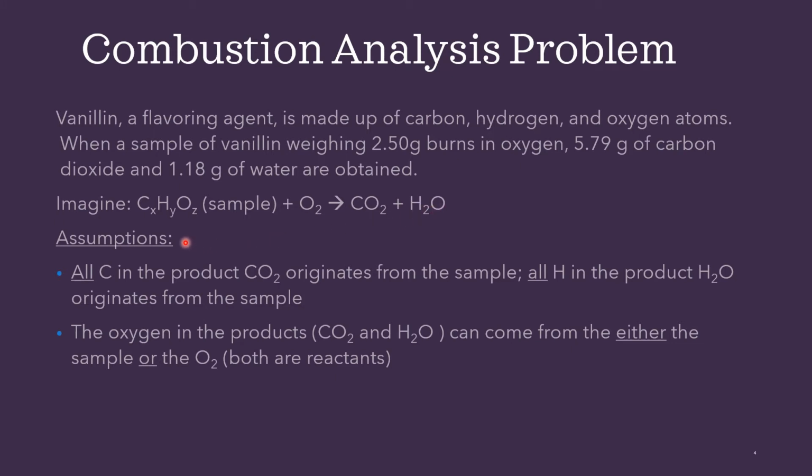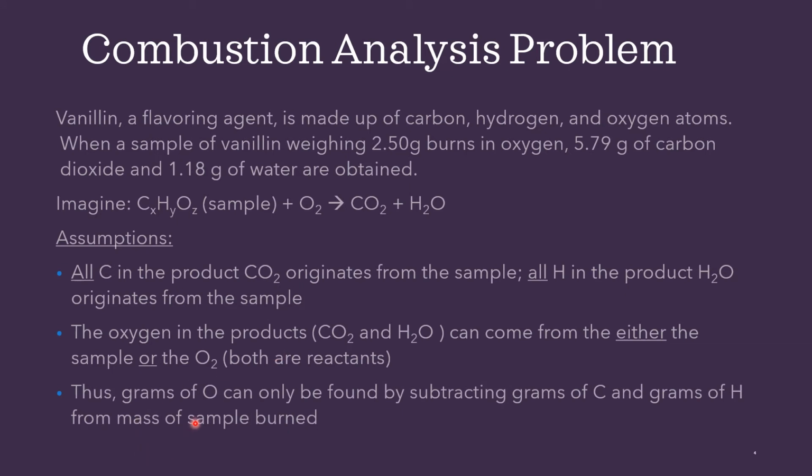We don't necessarily know if the oxygen in this compound is accounting for all the oxygen here, or if the oxygen in which it was burned is accounting for all the oxygen here, or if it's some combination, which is the most likely. So we have a little problem here. We have a computation problem, since we don't really know the origin of the oxygen in the products. But we have a clever way to tackle that, so stay tuned.